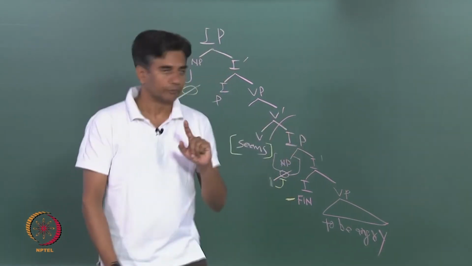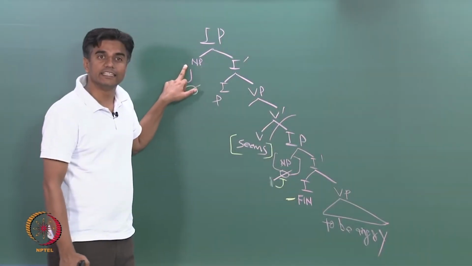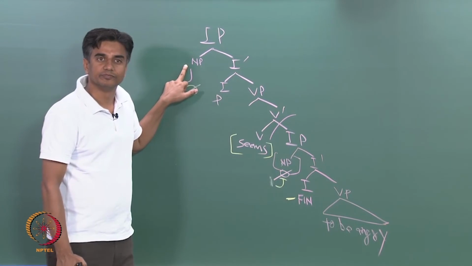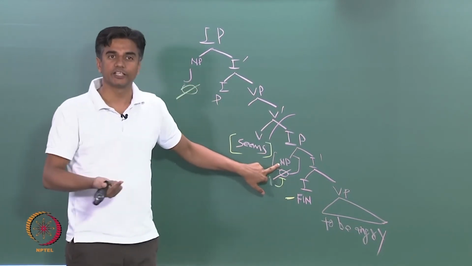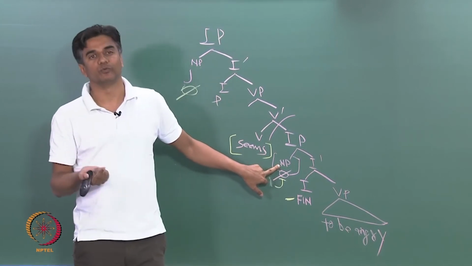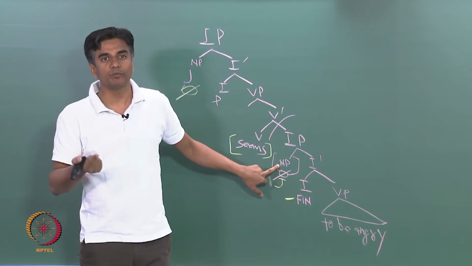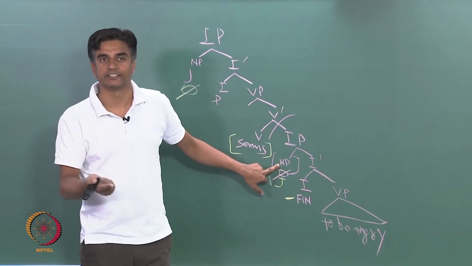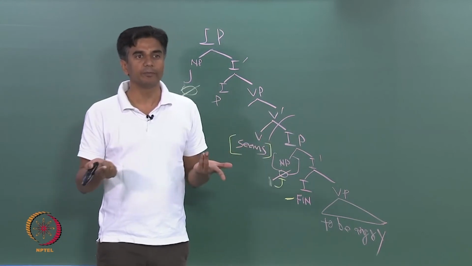Now, the problem is we don't have anything here. Right? If this is happy in its original position, why do things move? Things move because there was some problem in the original position. It happens in the normal life of people also.